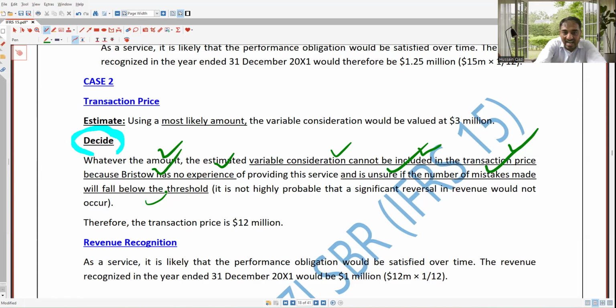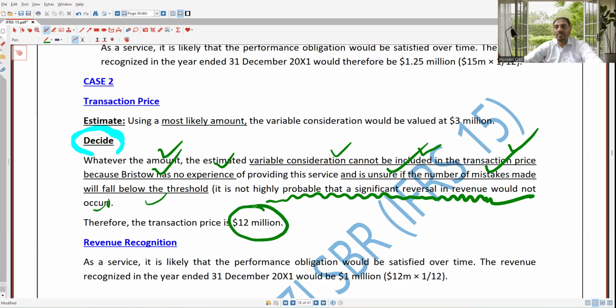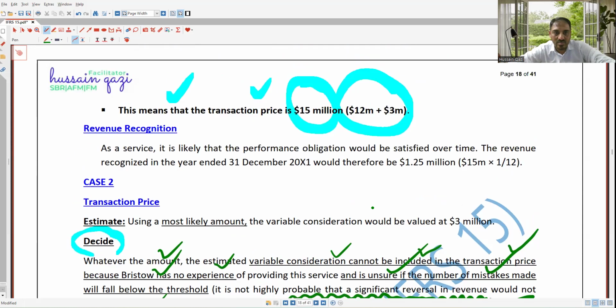So it is not highly probable that a significant reversal in revenue would not occur. Therefore the transaction price must be 12. The important point is: decide, then estimate accordingly.